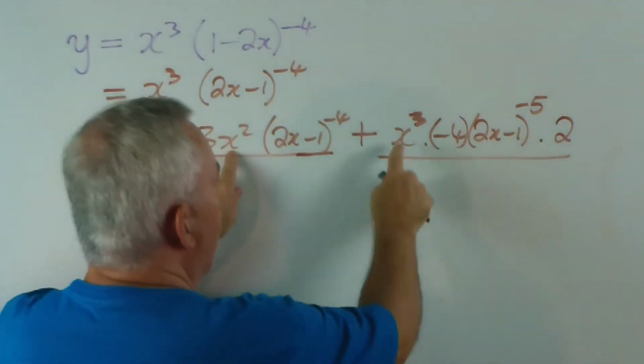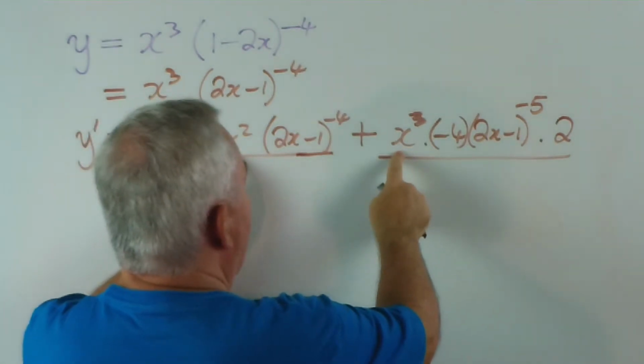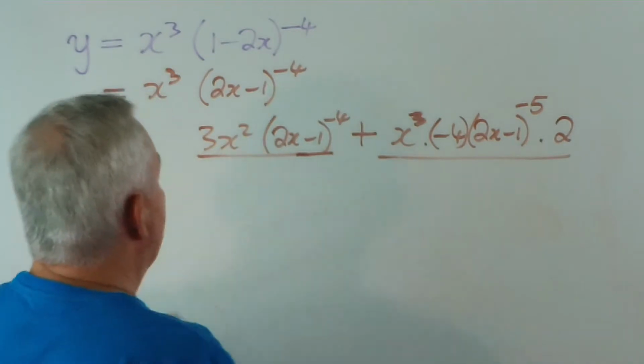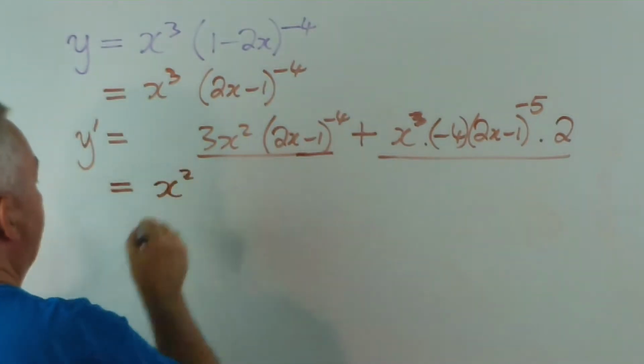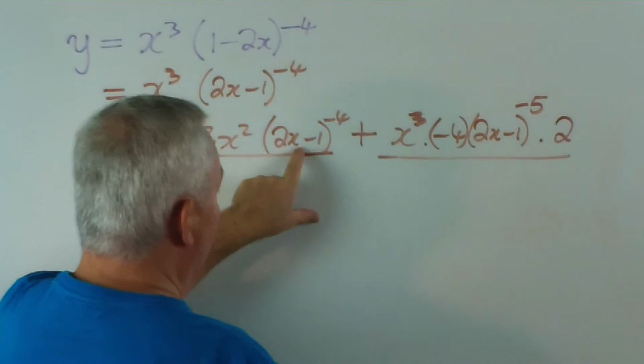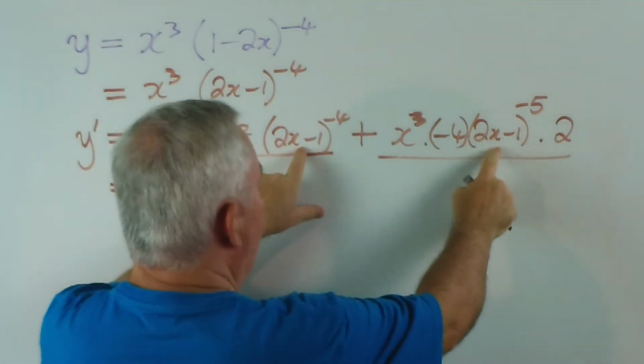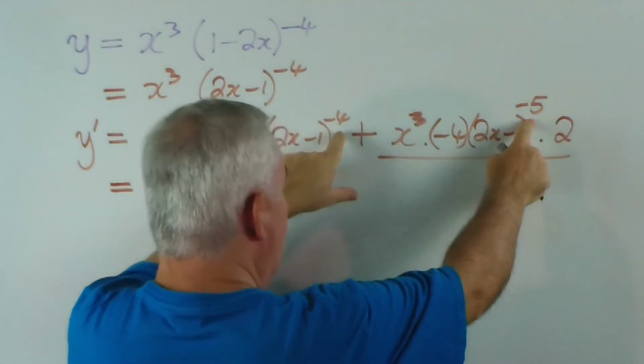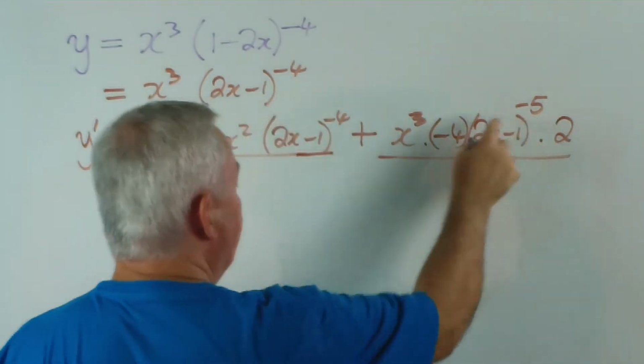Got an x squared here and an x cubed there. I can certainly take something out. I look for the smaller power, which is 2, so let's take out x squared. Looking at this, we've definitely got powers of 2x minus 1, and I look for the smallest power, which is this one.